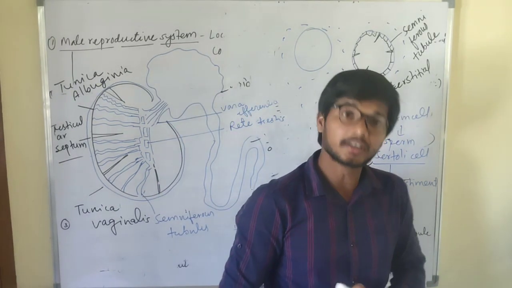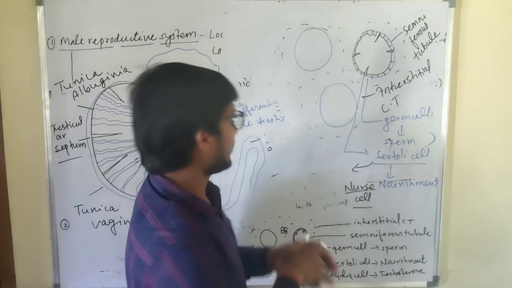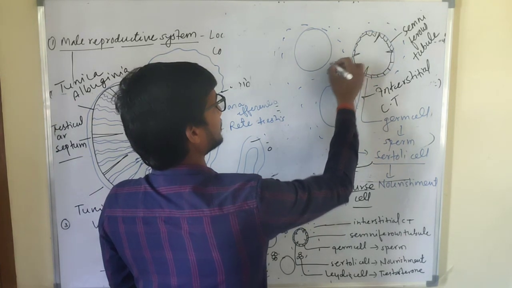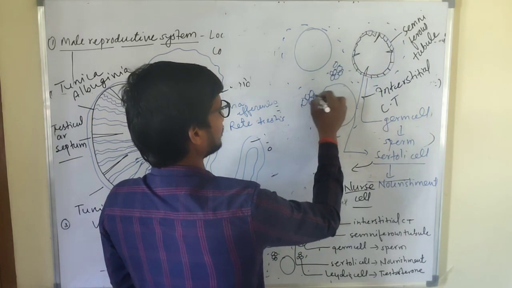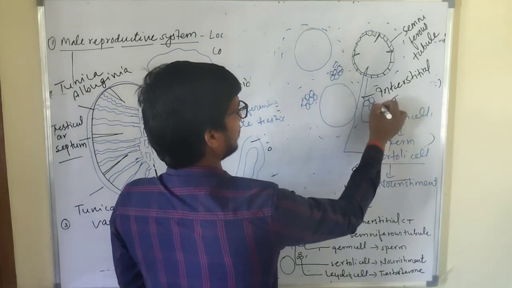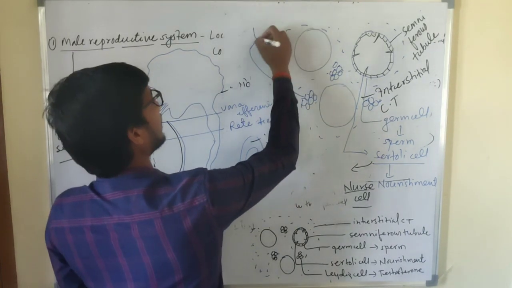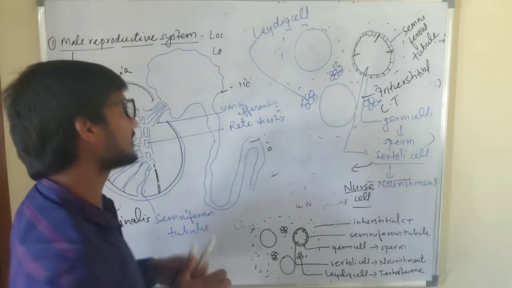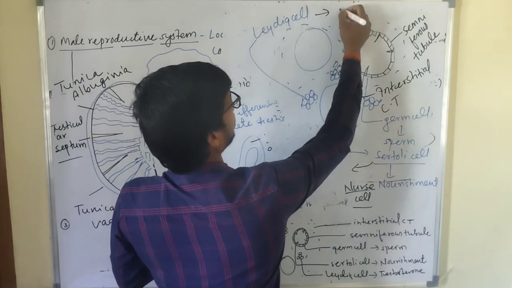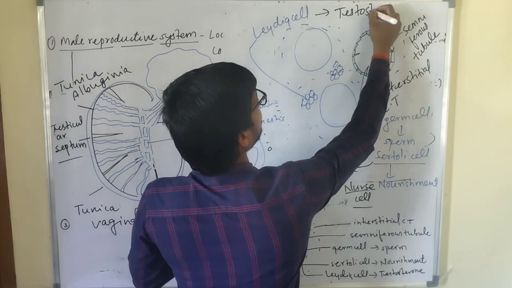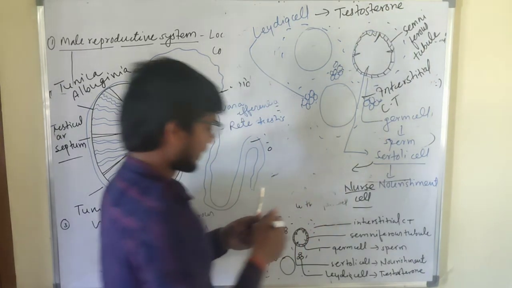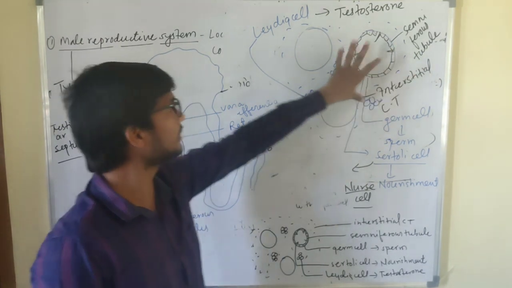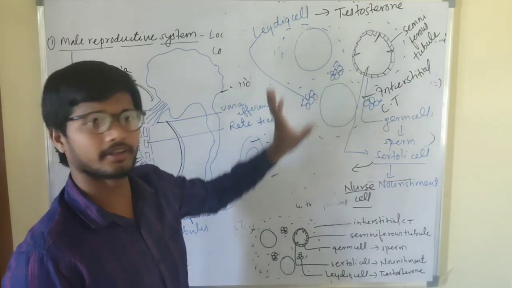Because it provides nourishment. Between the interstitial connective tissue there is a certain arrangement of cells. These cells are also known as Leydig cells, and these Leydig cells will produce the male sex hormone, testosterone. As we mentioned, in one portion of one seminiferous tubule, the same kind of arrangement will be here and here also.